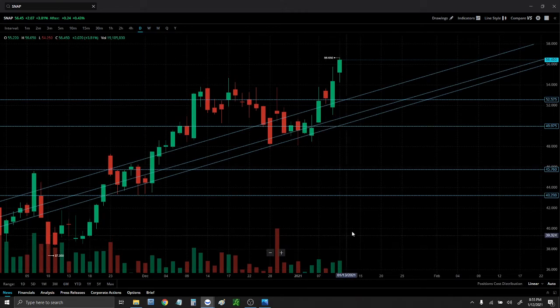As you go down to the daily, you can even zoom in more to see where you can enter and exit a trade. This is very helpful for people who do day trades because unless you're doing a long-term investment, some stocks are dangerous to hold overnight.